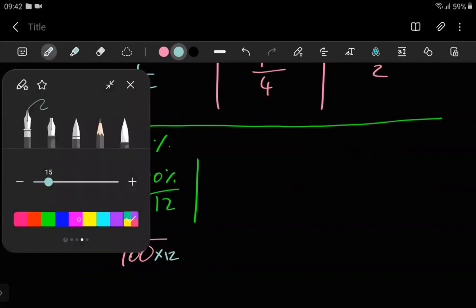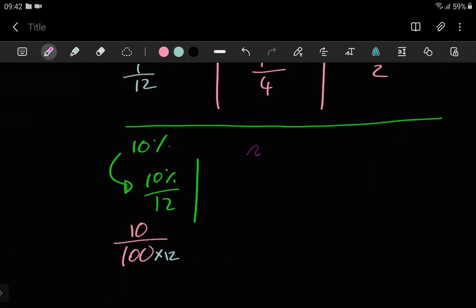If it was quarterly, you'd have your 10% divided by 4. You can either put it like this in your calculator, or you can write it like 10 over 100 times the 4 down there.